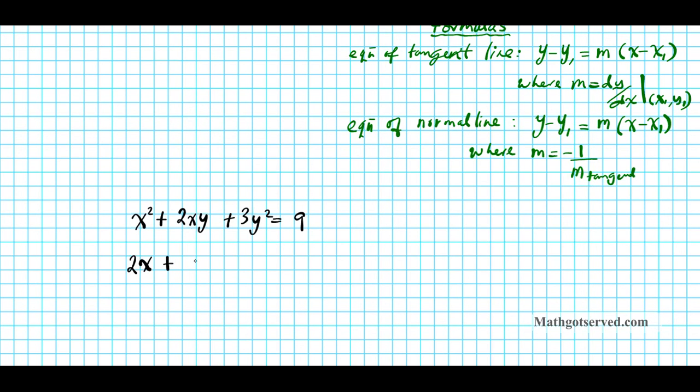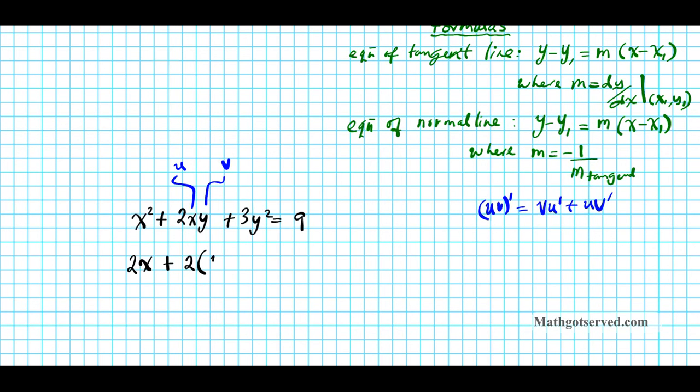Now let's differentiate this. I'm going to factor out a 2, and we're going to use the product rule. Okay, so remember what the product rule is. Let's put that on the side here. (uv)' is equal to v u' plus u v'. All right, so in this case, x is our u and y is our v. So let's go ahead and differentiate it.